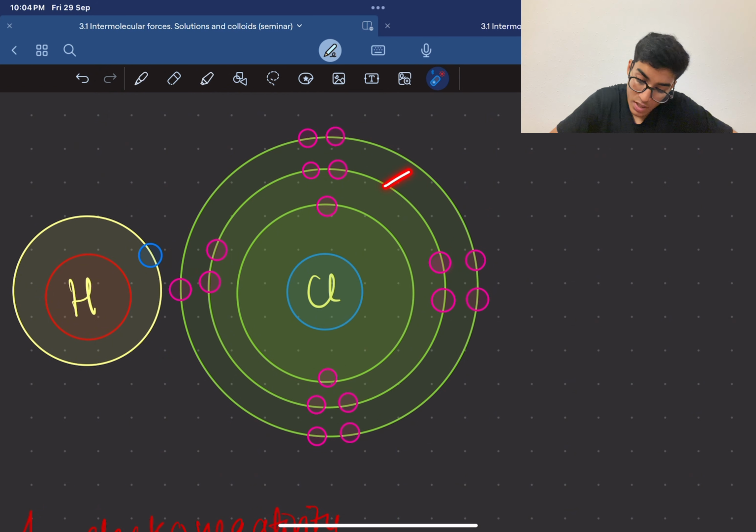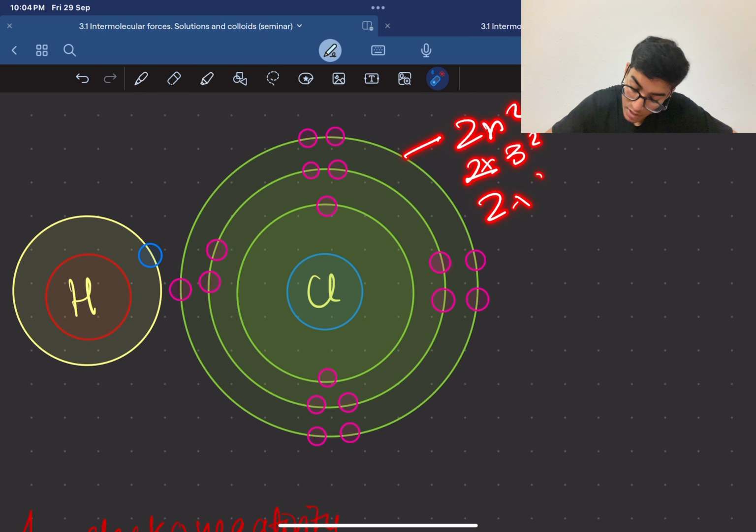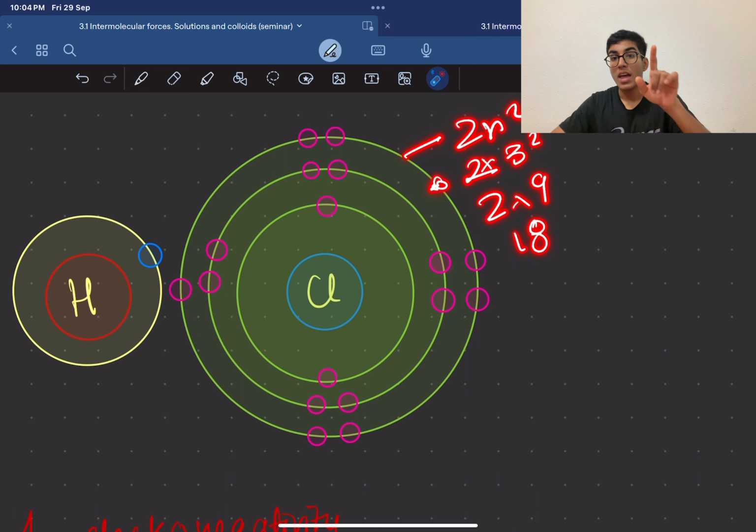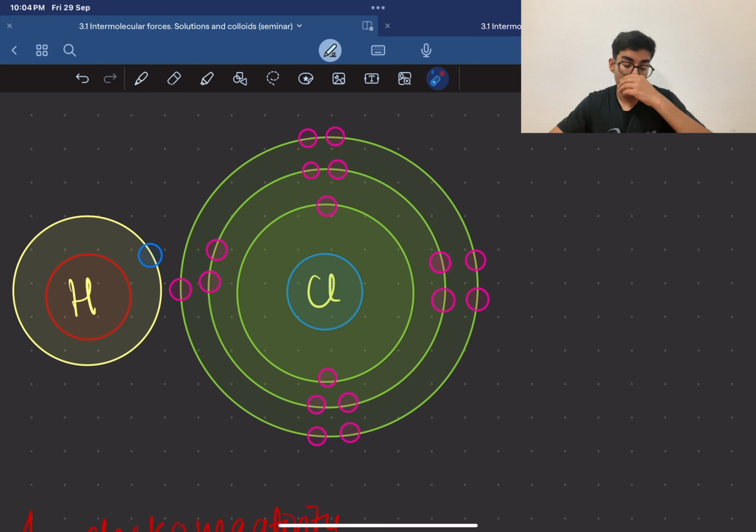Because the second shell has 8 already and is complete. And after this, the third shell is supposed to have how many? 2 into 3 square, that is 2 into 9, that is 18. That's the maximum number of electrons it can have. Minimum, it should have 8. And over here it has 7, just 1 more electron needed.